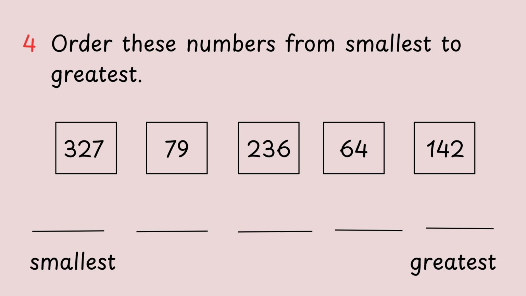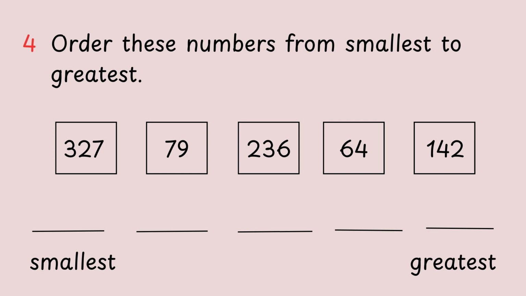And now we are left with three-digit numbers 327, 236, and 142. So to order these, let's look at the hundreds place first. 3, 2, and 1. We have 300s, 200s, and 100s. So let's find which one is the smallest. Of course, 100 is the smallest.